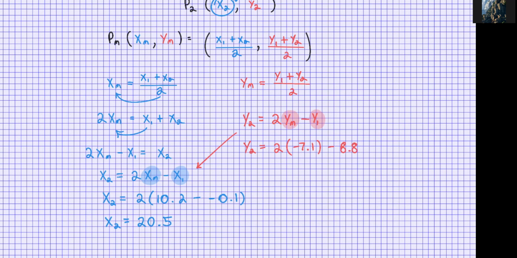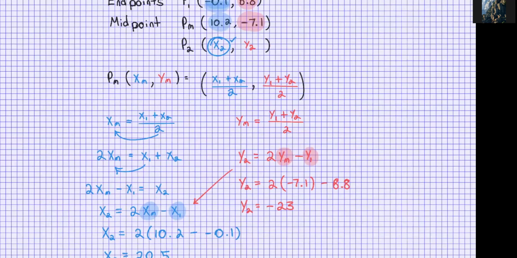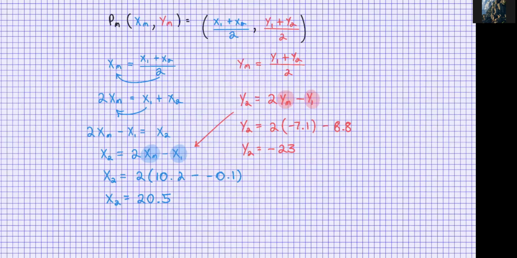I put these numbers in my calculator, and I get that the answer is negative 23. So I have my y2 coordinate. So my point 2 will be found at 20.5, comma, negative 23.